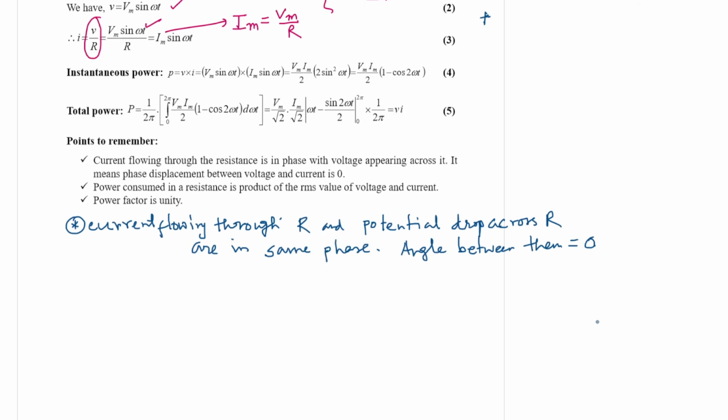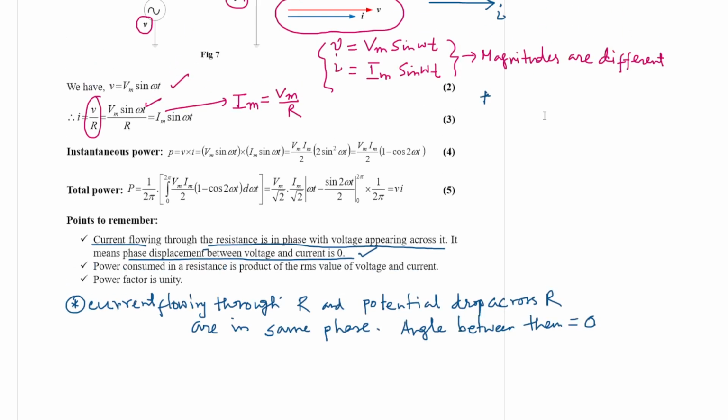That is current flowing through the resistance is in phase with voltage appearing across it. That means phase displacement between voltage and current is 0 in case of a resistance. So that is a very important observation.